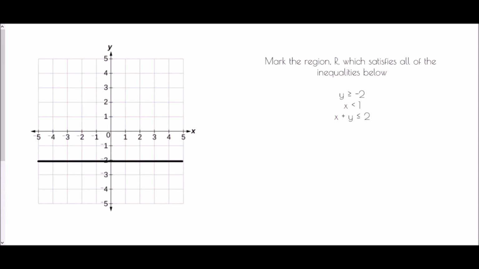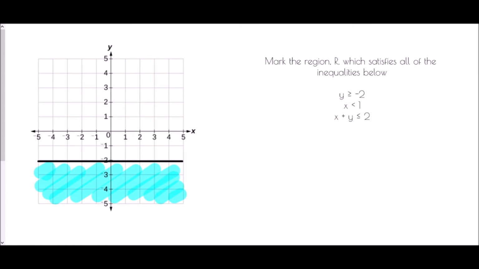Now, what I'm actually going to do here is the opposite of what we've just done in the previous questions. I'm going to shade the section which doesn't work. So I'm going to shade out the bits which I don't want. So everything below negative 2 I don't want in this case. Then x is less than 1.